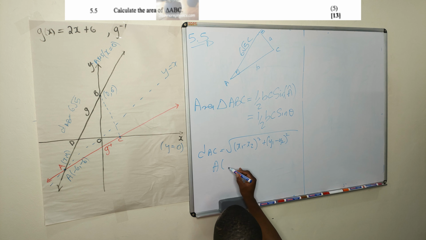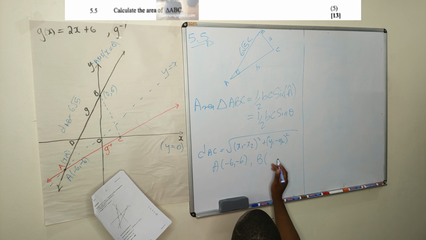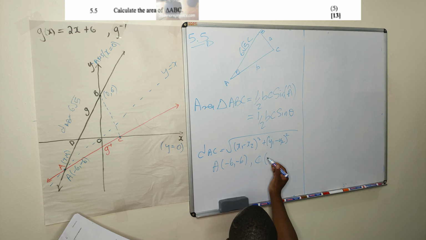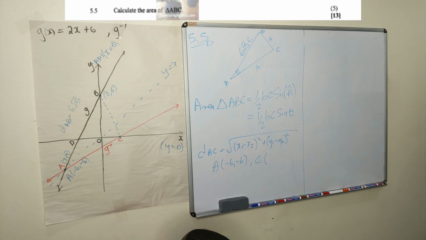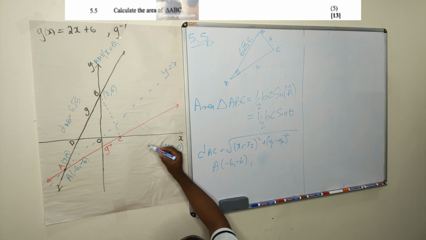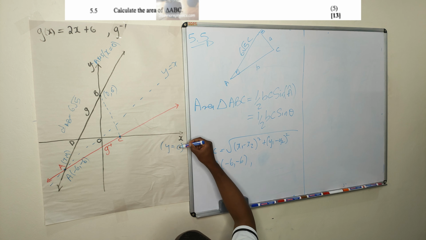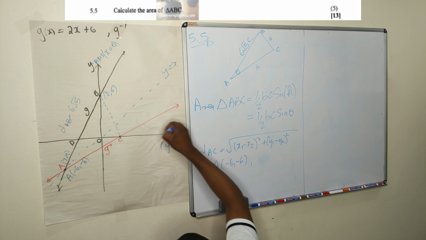So your A, you said it's minus 6 and minus 6. Your C, we didn't find the coordinates for C. They didn't ask us. But you know that the y coordinate here is 0 because it's on the line y is equal to 0.